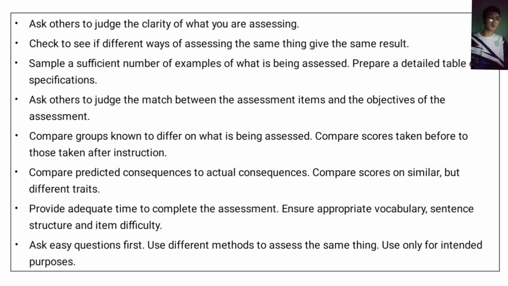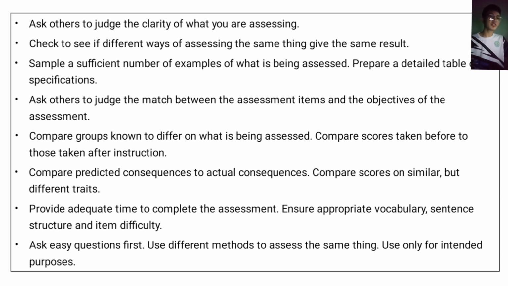Second, check to see if different ways of assessing the same thing give the same result. Third, sample a sufficient number of examples of what is being assessed. So this is about the preparation of the table of specification. Fourth, ask others to judge the match between the assessment items and the objectives of the assessment. Again, ask another person to judge your assessment.